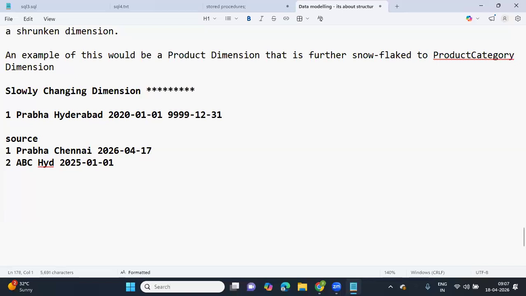First of all, let's go one by one. First, I am worried about this change in the address. So in how many ways can we handle that? Let's say I directly join these two tables and directly update address equal to Chennai. For some time, forget about these dates.